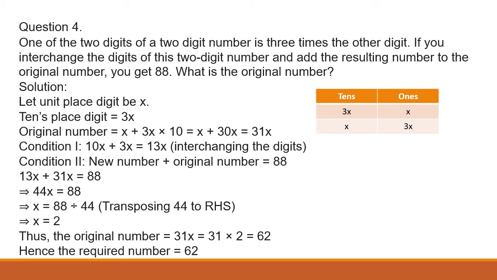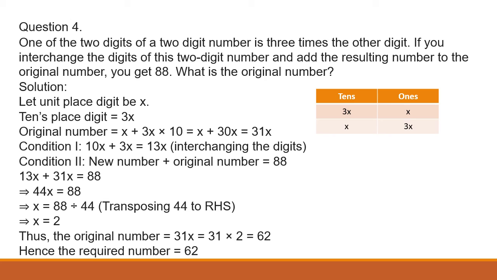Children, did you understand why I used 10 here? 3x is in the tens place. So x plus 3x into 10 equals x plus 3 tens are 30x, which equals 1x plus 30x, 31x.